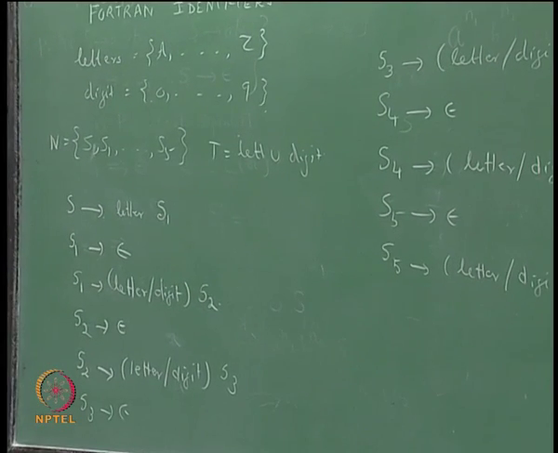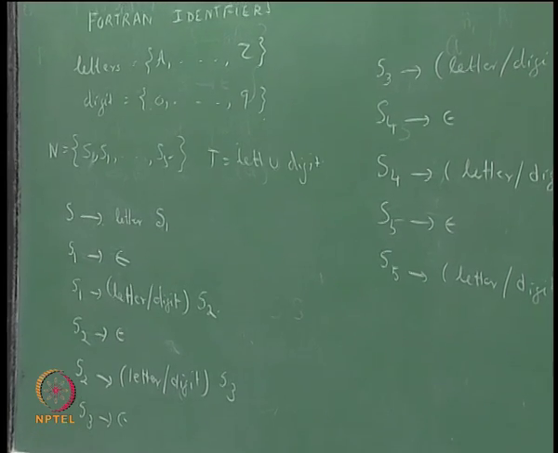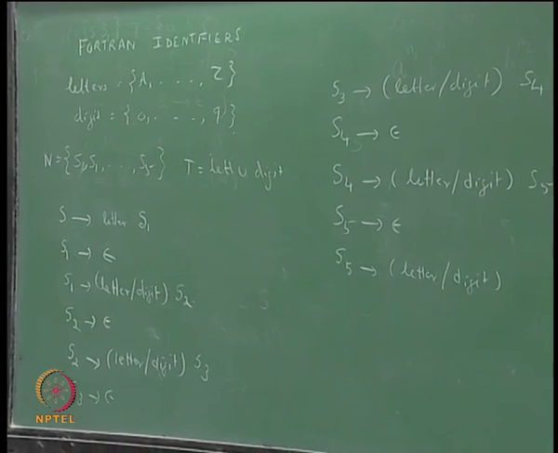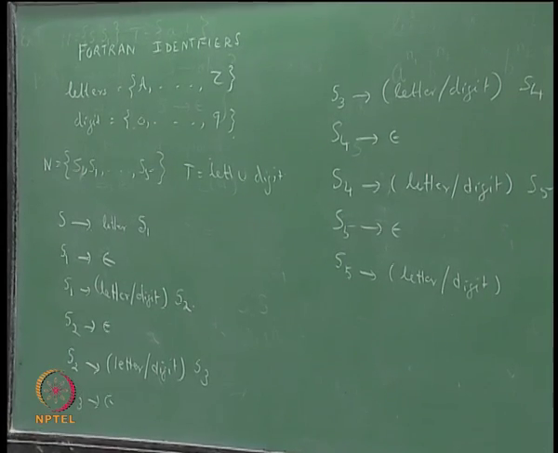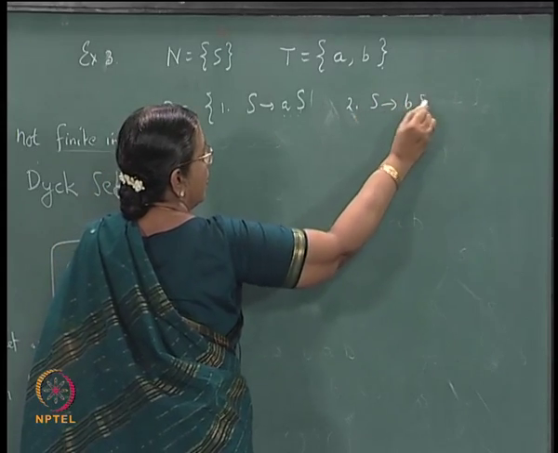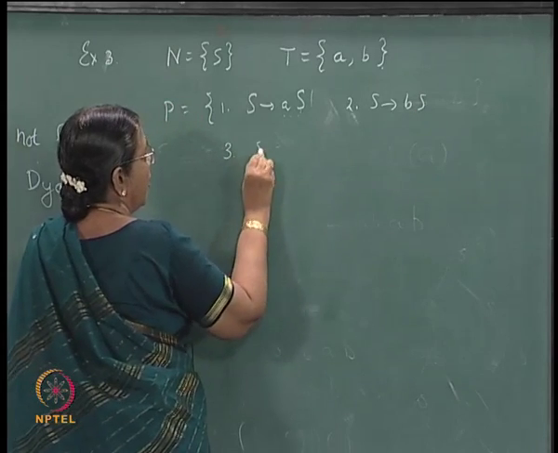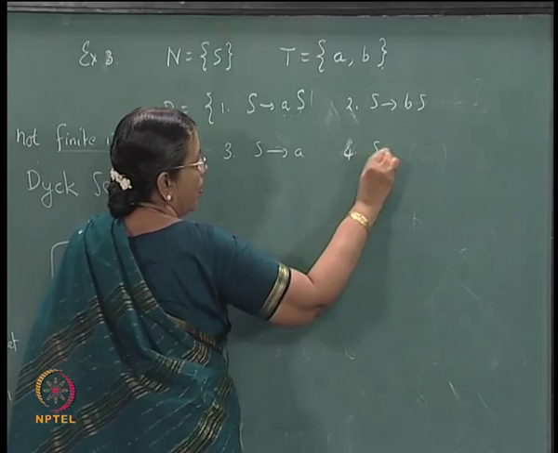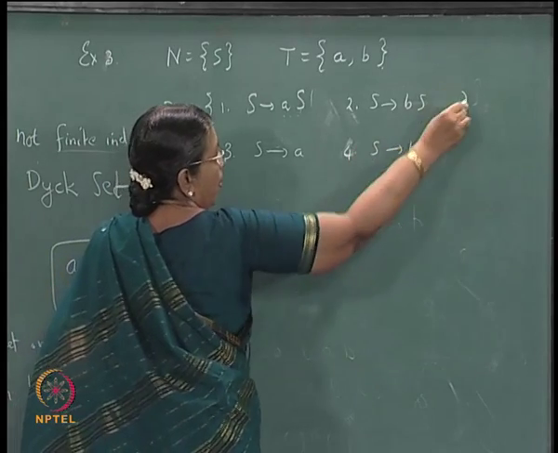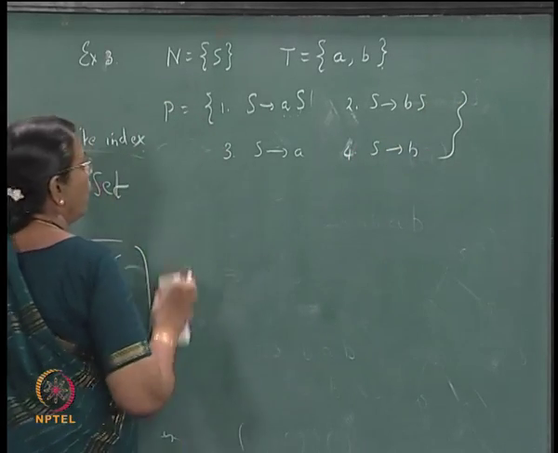Now, going back to type 3, look at this grammar. Let us consider one more example. The grammar has 4 rules.